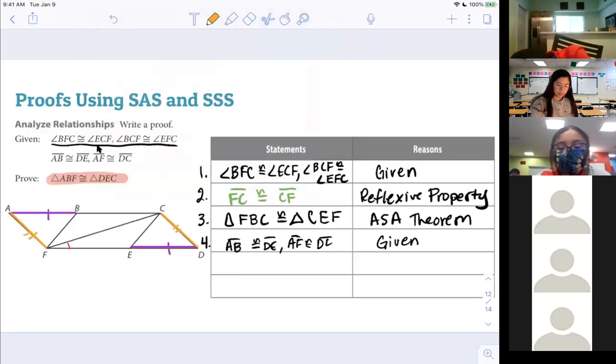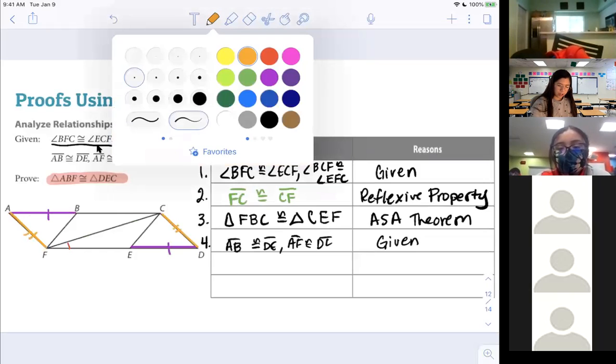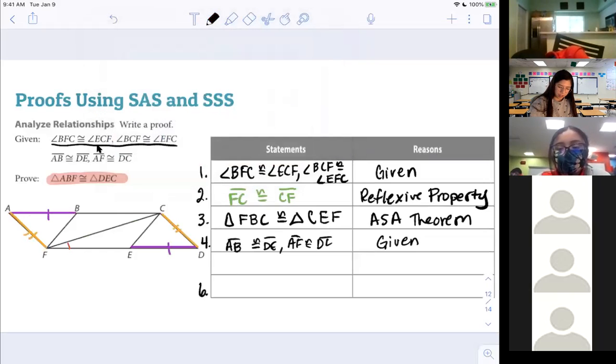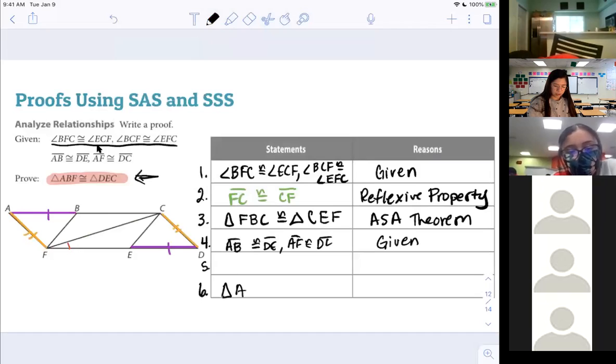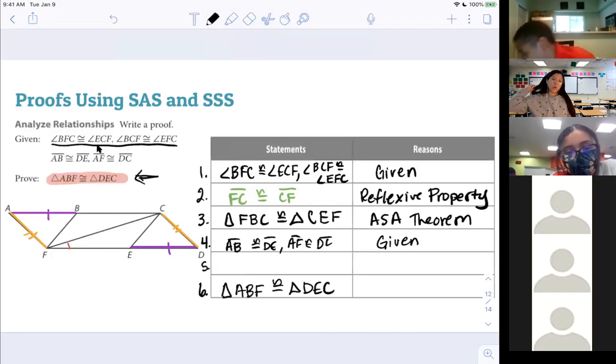And I'm trying to prove that those triangles are congruent. I haven't written it down yet, so let me write down my final statement, which they give us right here. It's what we're trying to prove: triangle ABF is congruent to triangle DEC. If I'm trying to prove that, what is the missing part of the puzzle?